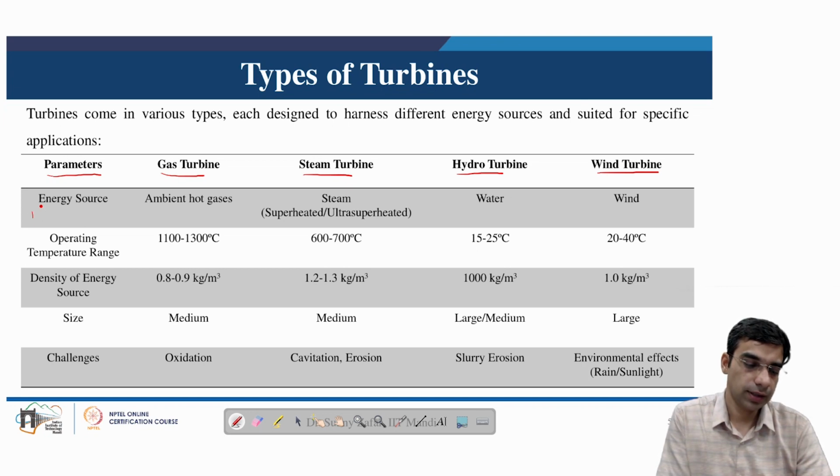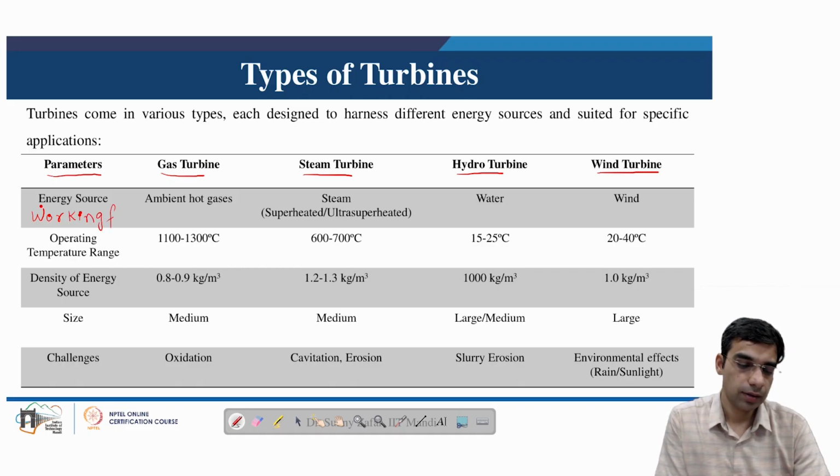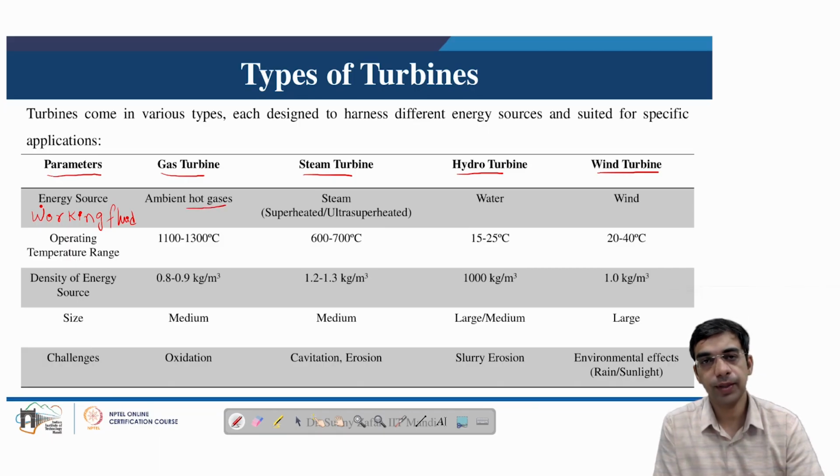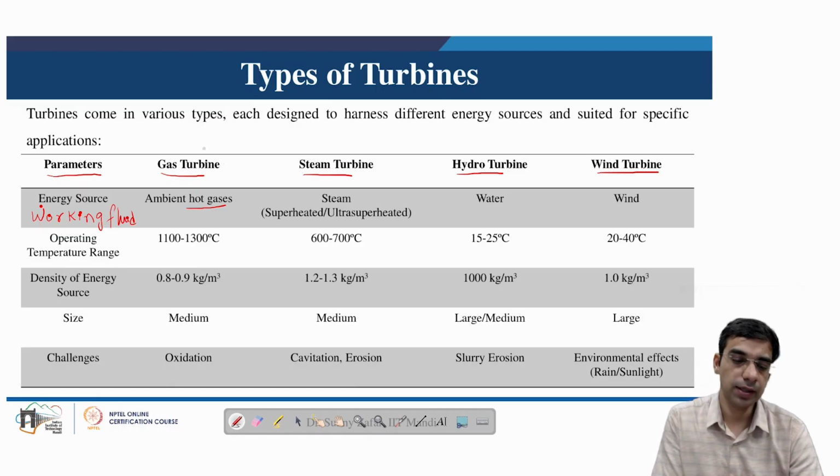If we look at the first parameter, which is the energy source, we can also say that this parameter is the working fluid. For example, in a gas turbine, the working fluid is hot gases. These hot gases are produced by combustion, because we know that gas turbines function on the Brayton cycle.